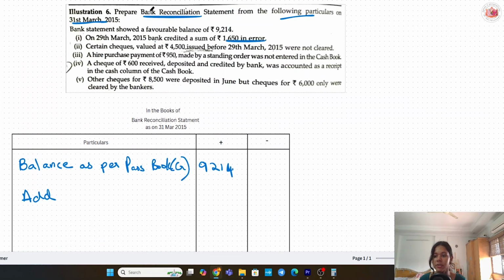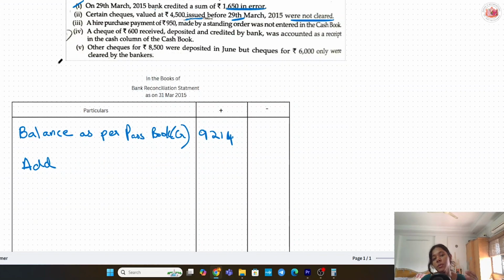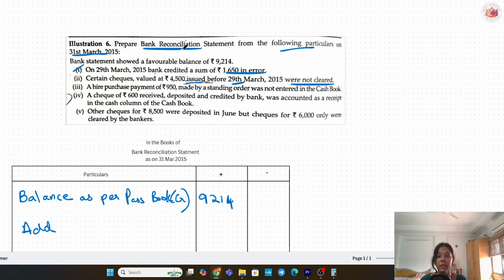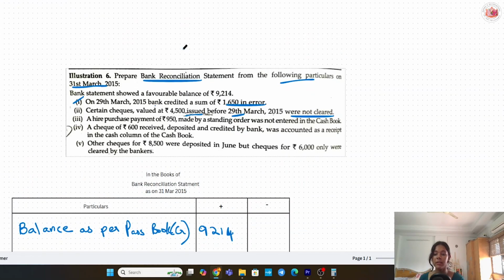Let's see the next transaction. Certain checks valued at 4,500 issued before 29th March were not cleared. Okay. So what does this mean? Checks have been issued but they have not been cleared. So in our cash book we have deducted this 4,500, but in our passbook that amount has not been removed. This means that our passbook balance is more than our cash book balance by 4,500.